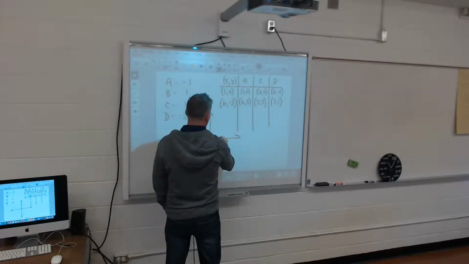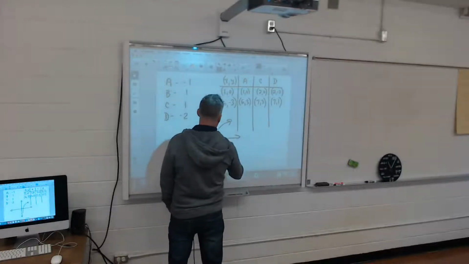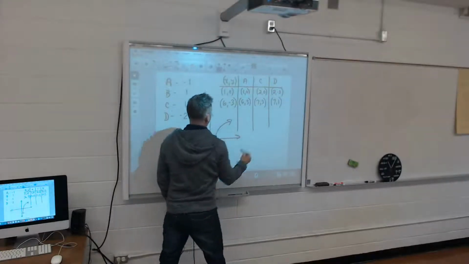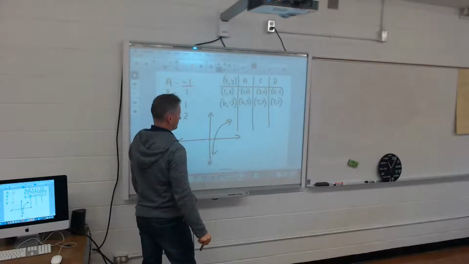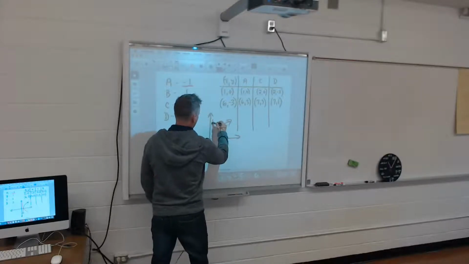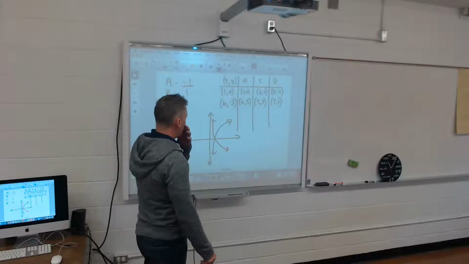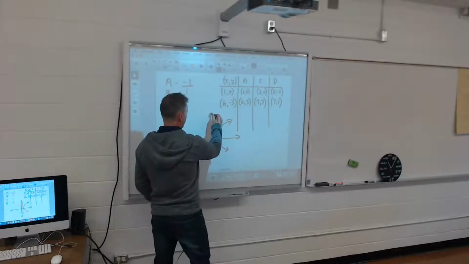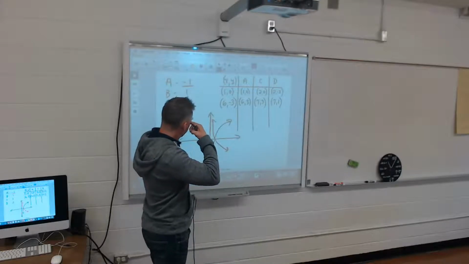So this graph is going to look like this. Now you're going to flip it right away because of the -1 on the A. Negative. Yeah. Like that. Okay? And then you'll end up having to move your intercept over as well, 1 to the right.